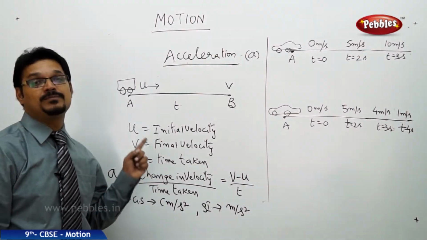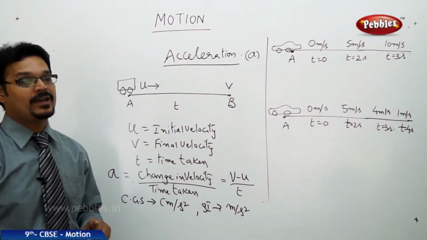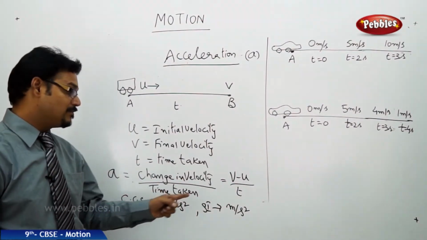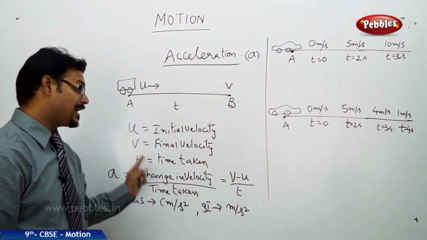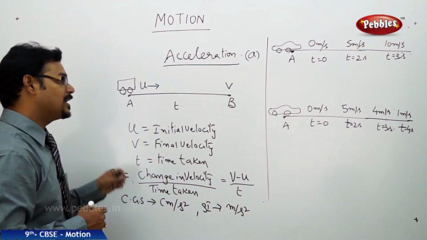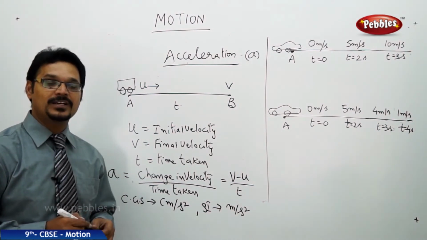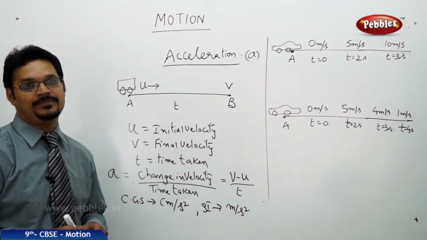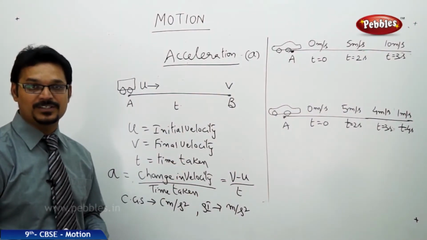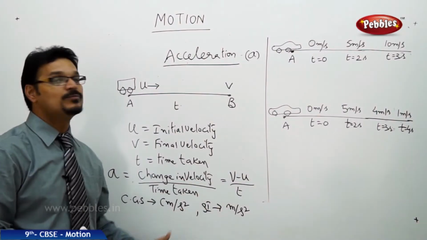Don't be confused: meter per second is for velocity or speed. Meter per second square is for acceleration. Acceleration tells you whether the car is moving faster or slower, because it is change in velocity by time. A equals V minus U by T is the formula.